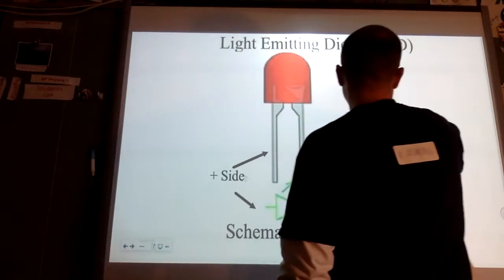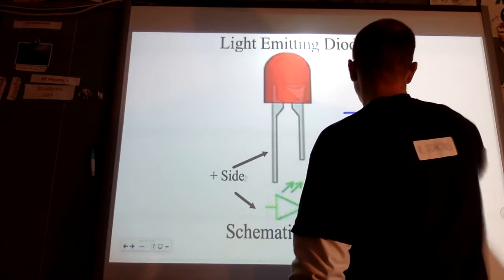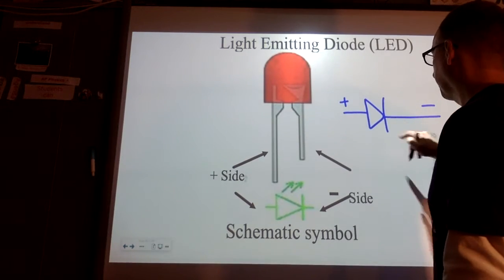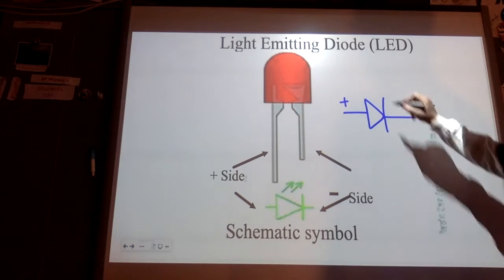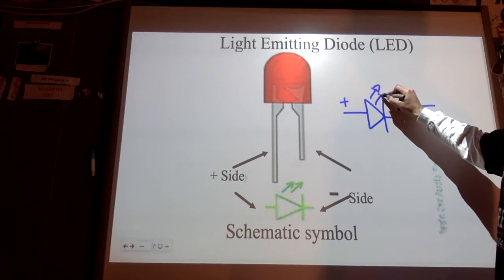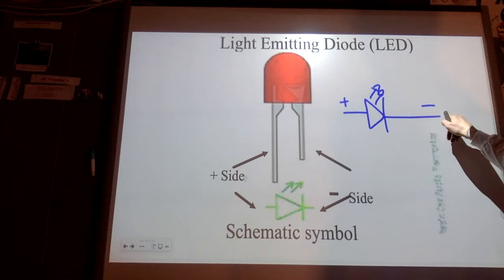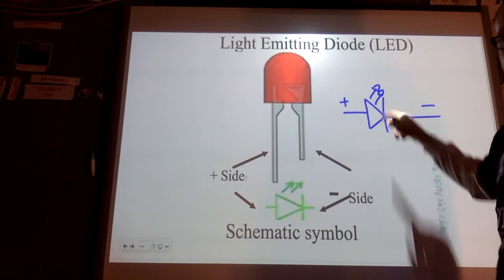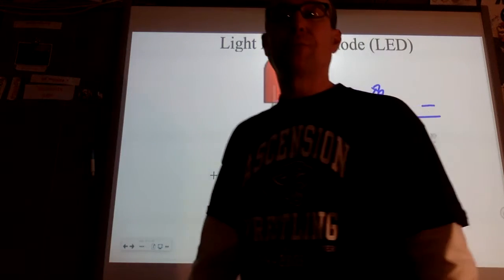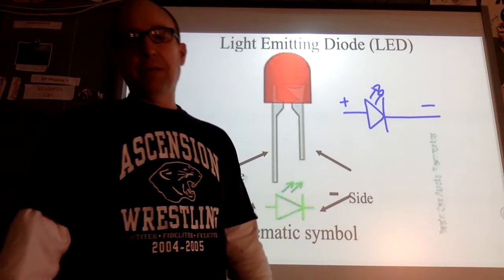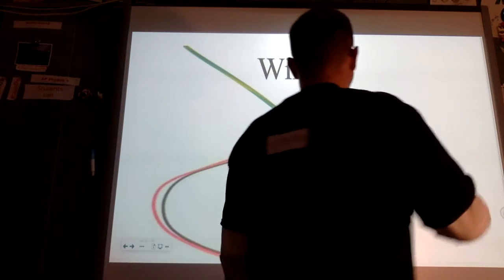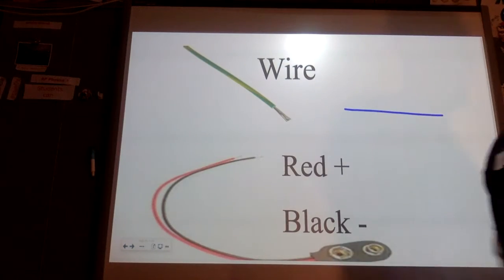The symbol for an LED is an arrow going this way. If it's by itself, it's just a diode. These little lines here represent light, so they're supposed to represent photons.